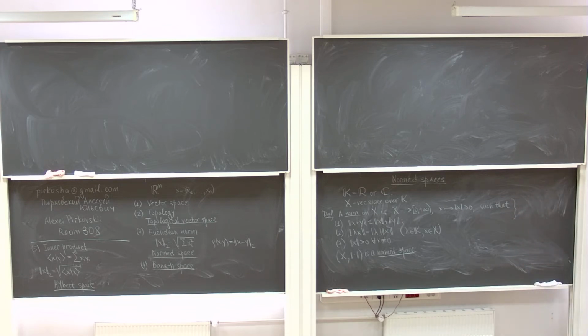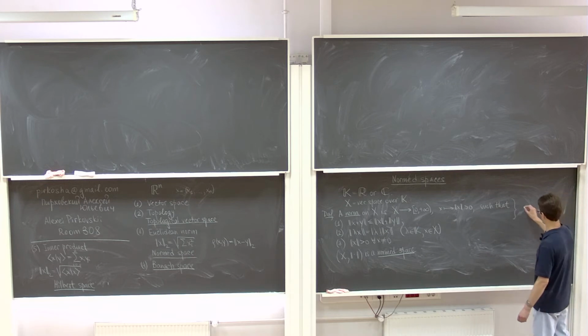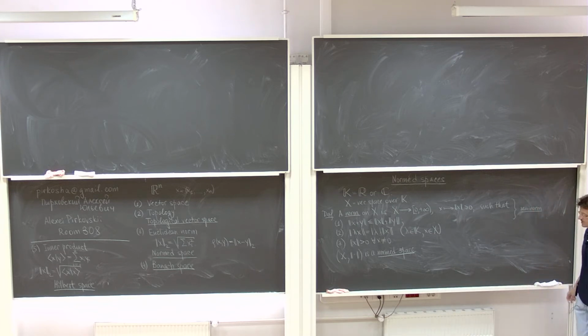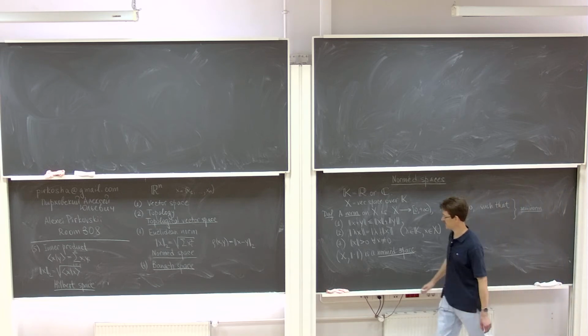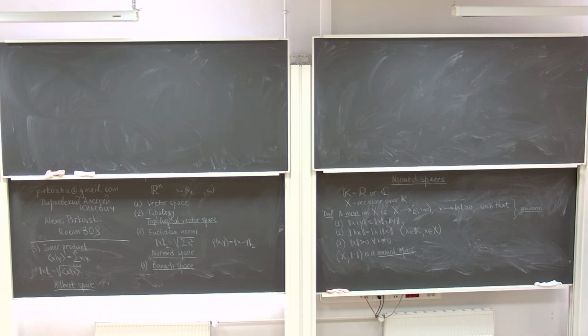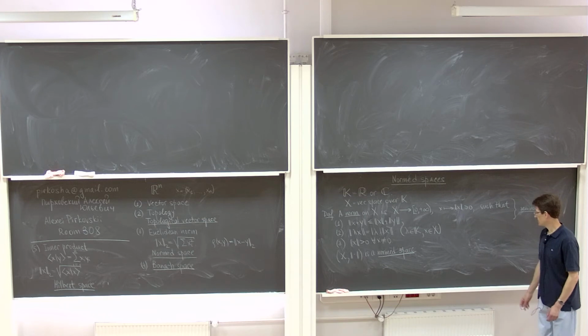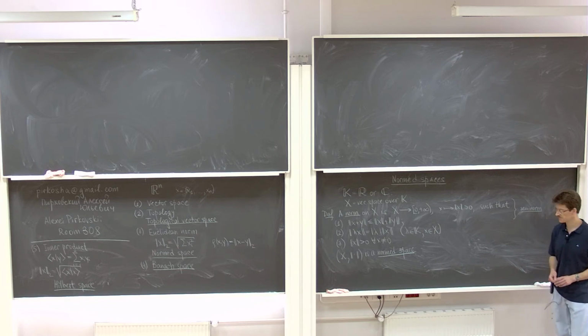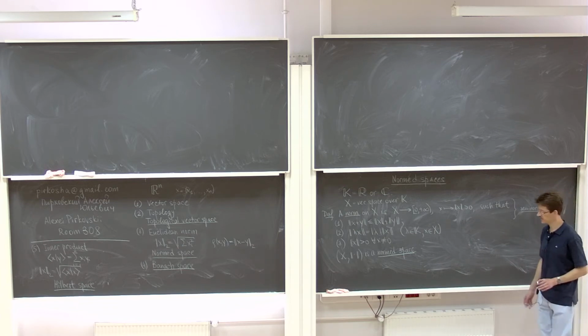So if only conditions 1 and 2 are satisfied, then we say that this function is a semi-norm on X. So roughly, a semi-norm is a norm which is allowed to vanish on non-zero vectors. And a vector space equipped with a semi-norm is called a semi-normed space. So we will meet such spaces occasionally, but they are not very important for this introductory course. So we will be interested mostly in normed spaces.